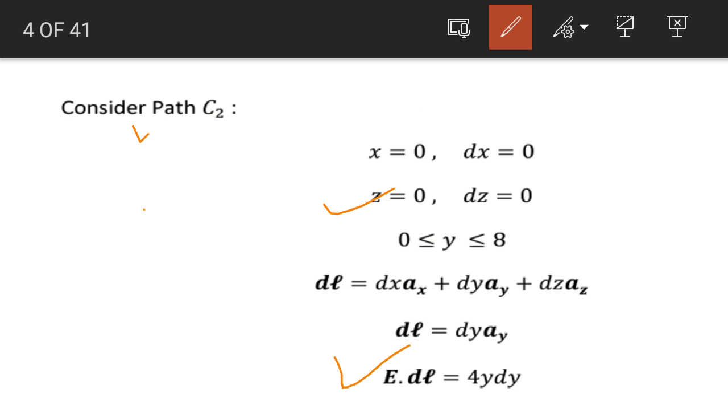I mean, the equation shown is incorrect. Please correct this equation. This is not 4y dy, this is 2y dy. So E dot dl results in 2y dy.